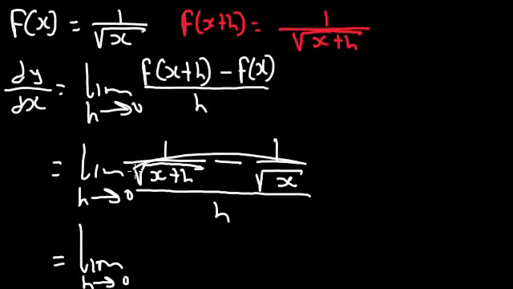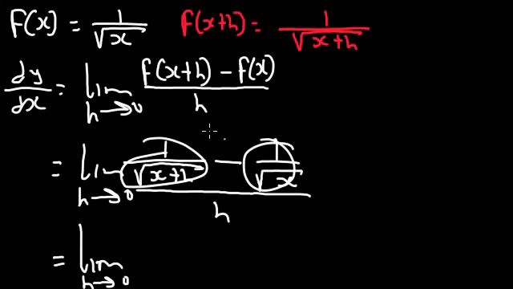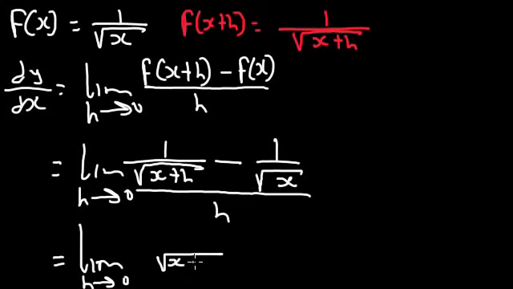Now the LCM is root of x plus h times root of x. However, another way you can do this is to multiply these by root of x plus h times root of x. Okay. So now, if the LCM is root of x plus h times root of x, what will be the corresponding numerators?